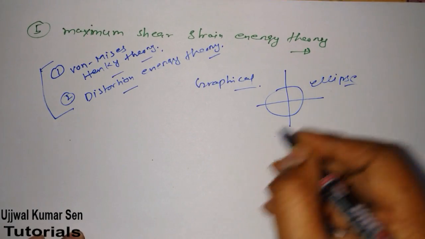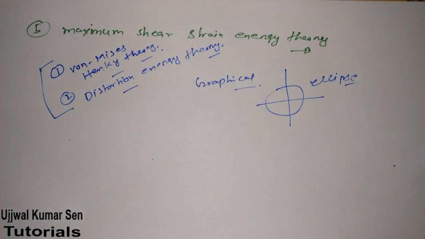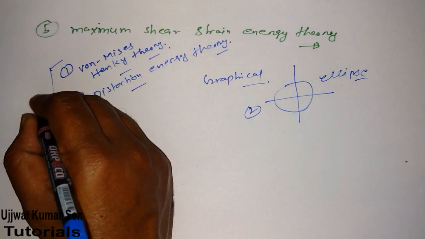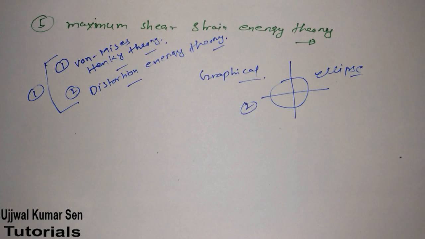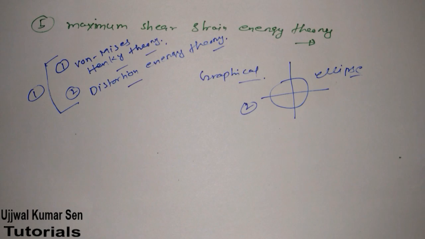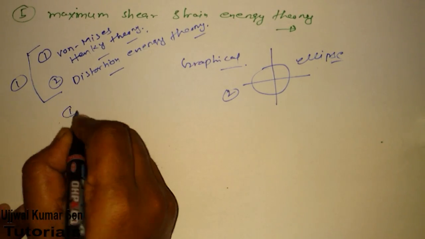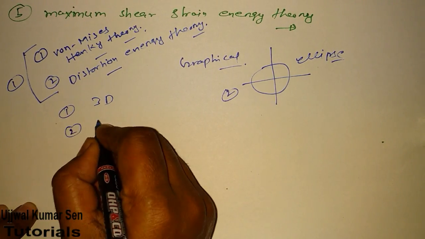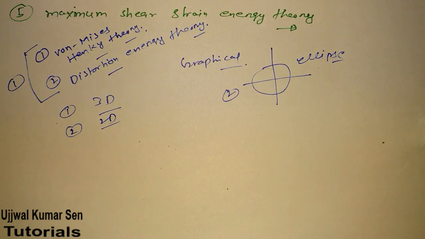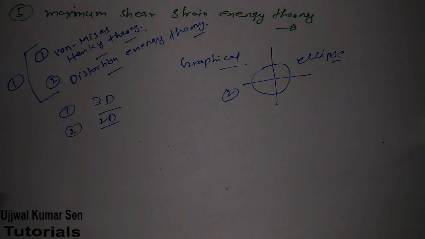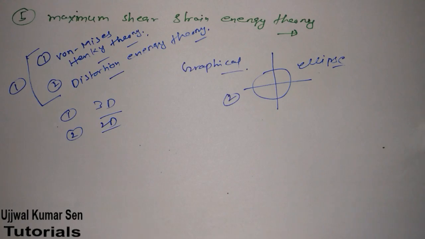So these are 2 things you need to remember from here, 1 and 2. The third one is the formula, which I am going to share in this video tutorial. If you're talking about this in 3D and in 2D, there are 2 formulas we can get, in 2D as well as in 3D. Let me use another color pen so that I will not get bored, right?